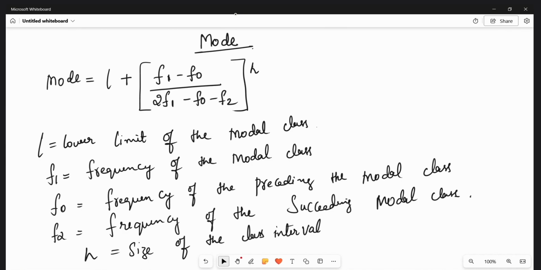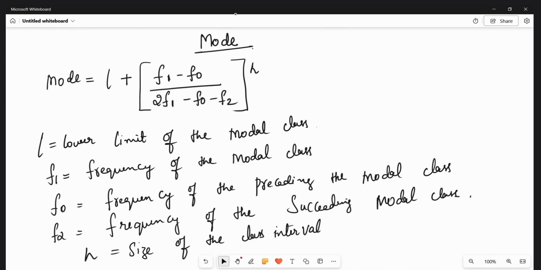First we have to select the modal class. So what do you mean by mode? The most occurring number. Where do we get the most occurring number? In the highest frequency, right?